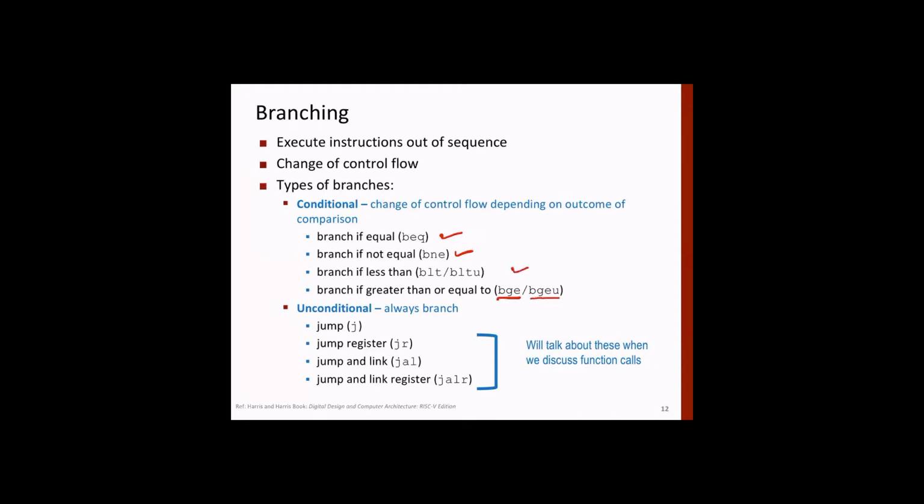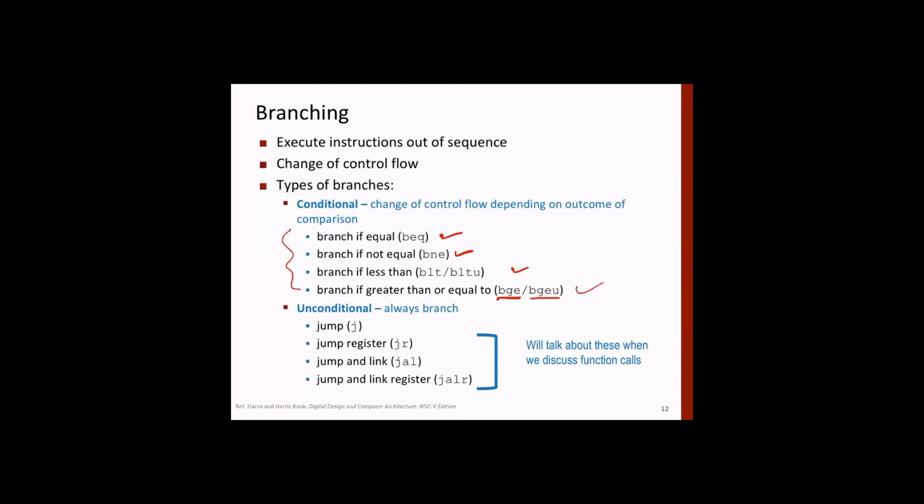These are called conditional jumps. If some conditions are met, then we change the flow of instruction, depending on the conditions that are given here.